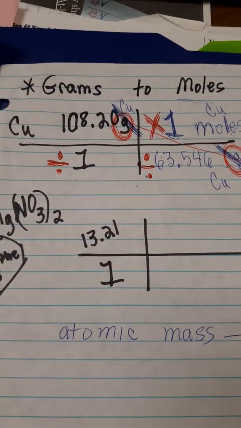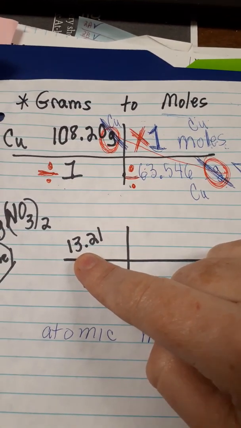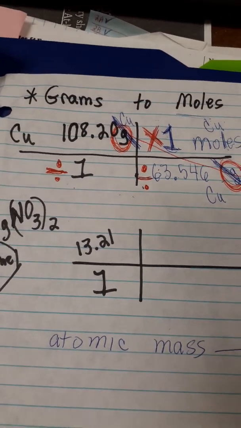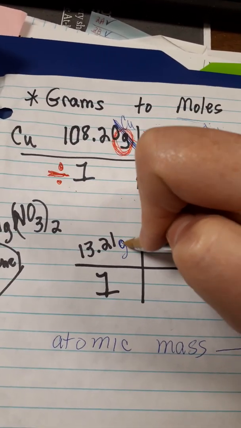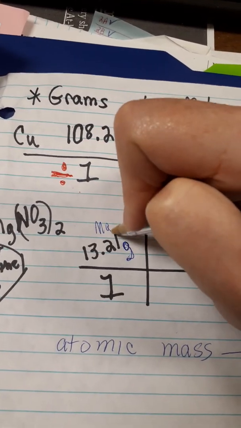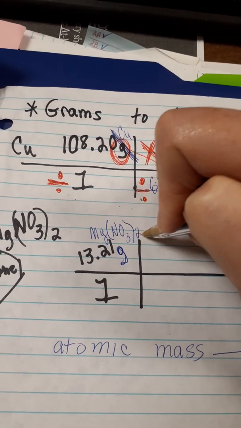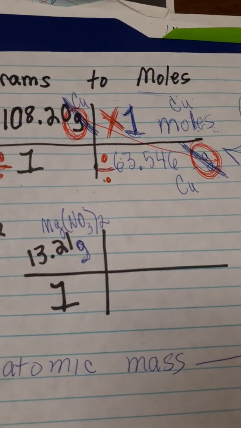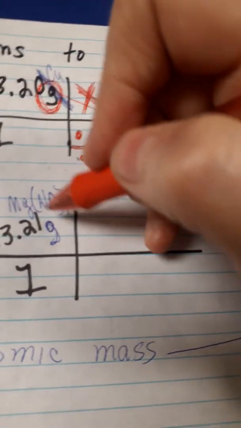Now, I am pretending, today's the 13th of the year 2001, so I totally made up this number. It's not even in the lab. And let's say we got this mass in grams of magnesium nitrate using a scale. Now, I do not want grams in the answer, again.